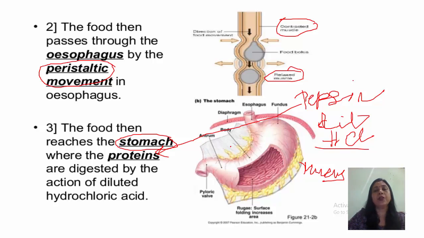And the second function of dilute HCl is to kill any germs. If somehow any germ enters the stomach, it kills those germs and prevents infection. And this mucus has a special function: the lining of the stomach is protected from the action of this dilute HCl because of this mucus.